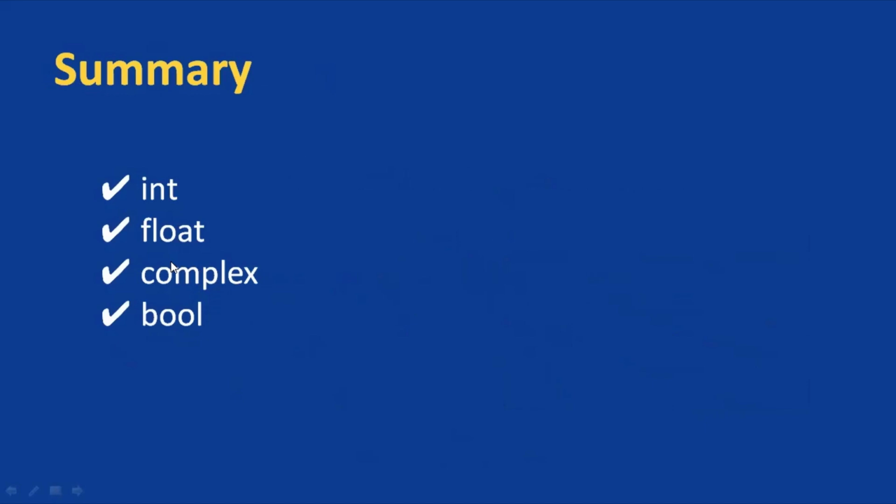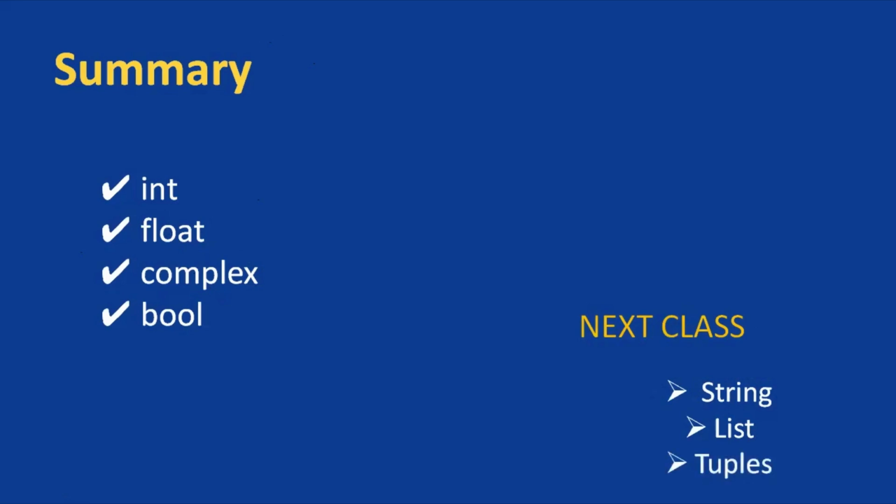For example, if you want to store the names of the months in a year, or in your class you have many students and you want to store the names of students, what will you do? We can't use these data types for that purpose. So for this, Python provides data types like tuple, string, dictionary, list, set, and so on. In the next class, we will see the other data types, that is string, list, and tuples.